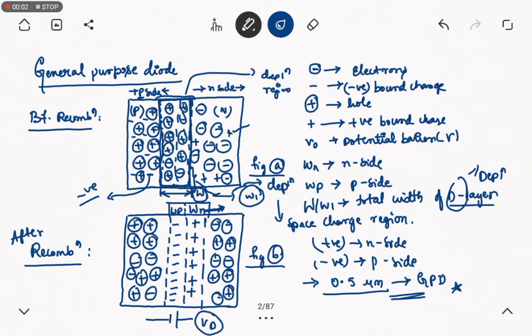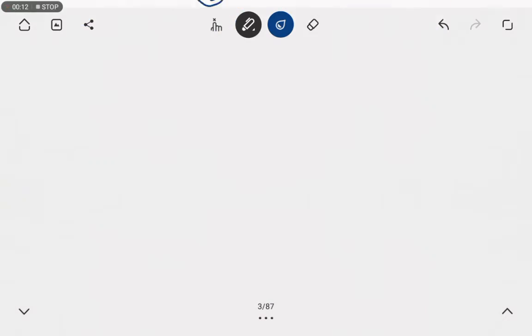So next, as I told before, this V0 represents the potential barrier. So we have to write one simple equation for this potential barrier. This potential barrier is represented by V0. How can we represent it? The potential barrier will be represented with respect to temperature. So we are representing it here as Vt into logarithmic function of Na into Nd, that is concentration of acceptor ions into concentration of donor ions divided by intrinsic concentration square.